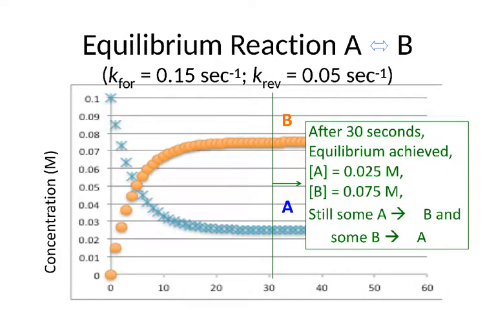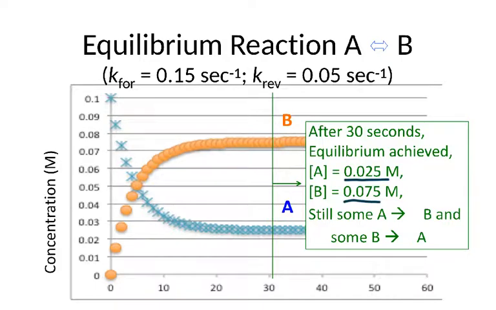What happens when we combine those two? What we get is an equilibrium reaction, where our forward reaction is still happening at 0.15 per second. Our reverse reaction is happening at 0.05 per second. And after 30 seconds, we achieve equilibrium, where our concentration of A is steady at 0.025 molar. Our concentration of B is steady at 0.075 molar.